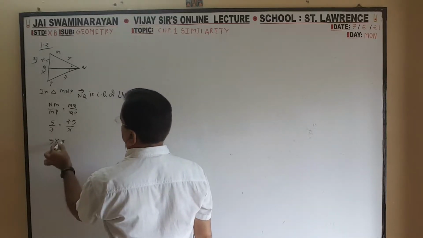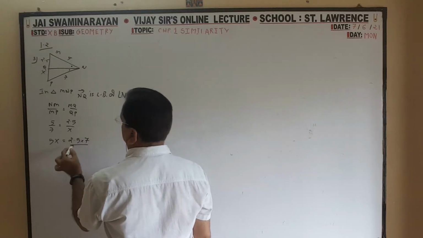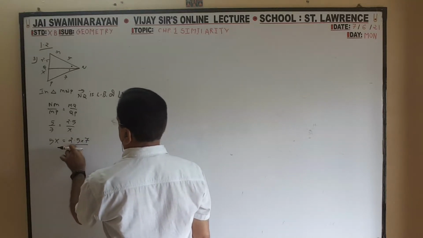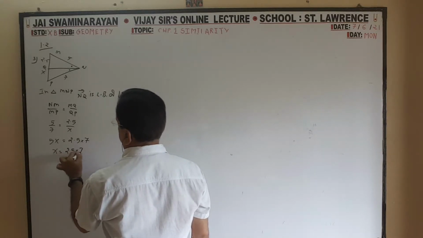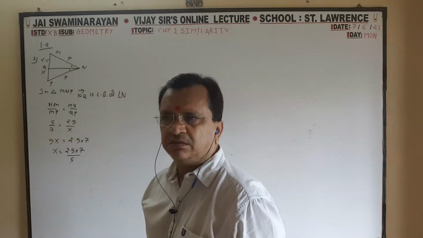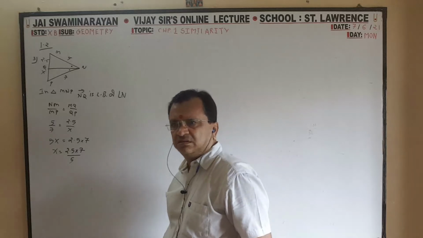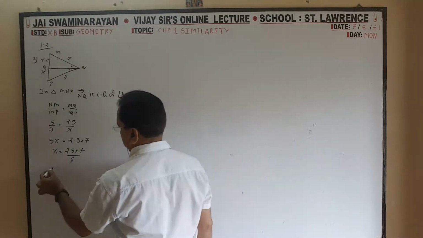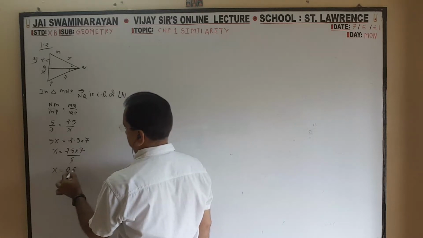Cross product 5x. Remove. Remove, I said. 5 5s are 25.